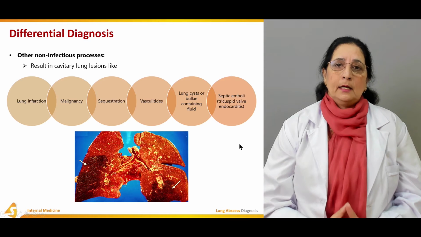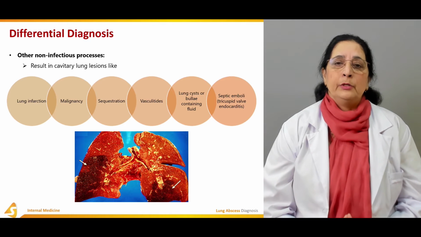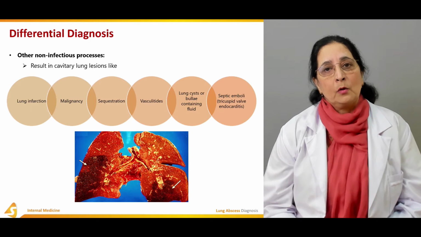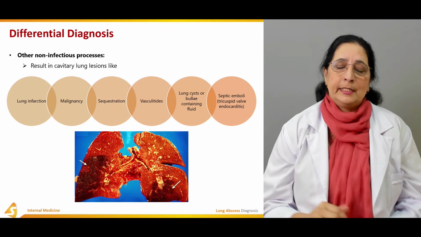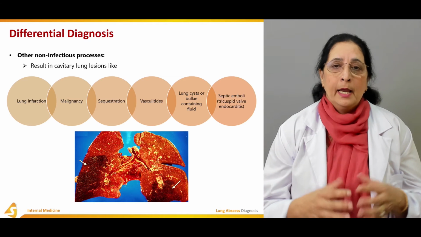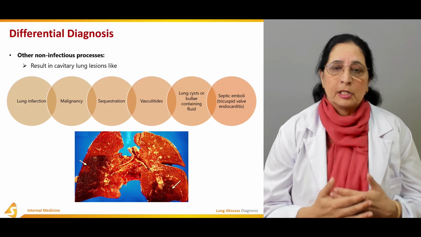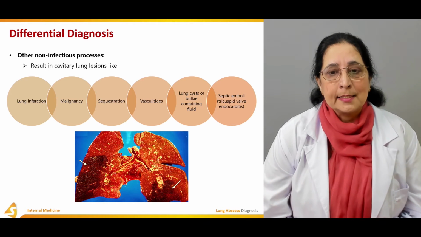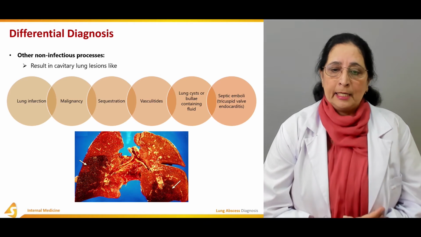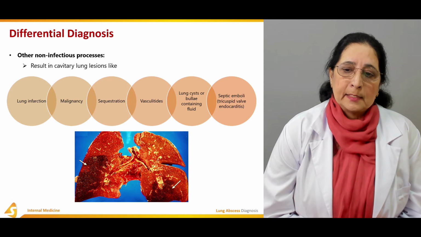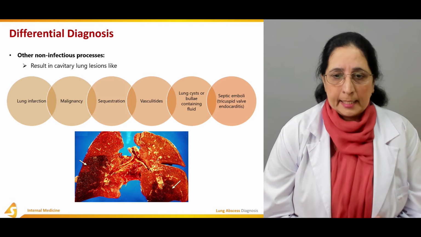So all these are the differential diagnosis of the lung abscess, but remember they are all non-infectious conditions. No microorganism is involved in this, and this can be the lung infarction, malignancy, sequestration, lung cyst or bullae containing fluid, and septic emboli, tricuspid valve endocarditis.